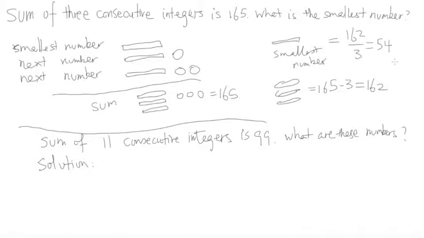So let's observe what 54 is in the solution. There are three numbers in this problem, which add up to 165. These three numbers are 54, 55, and 56.